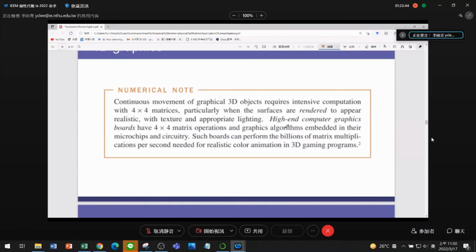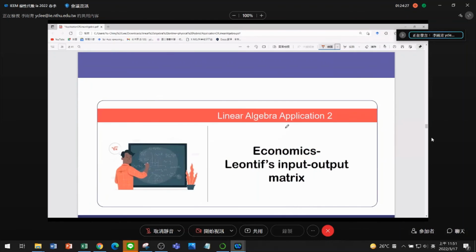Such boards can perform the billions of matrix multiplications per second needed for realistic color animation in 3D gaming programs. So inside those high-end graphics boards, the computation can quickly calculate thousands upon thousands of matrix multiplications. Graphics cards used for computer games especially need these capabilities for 3D images to look realistic.